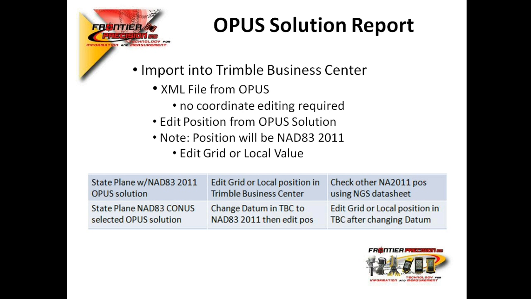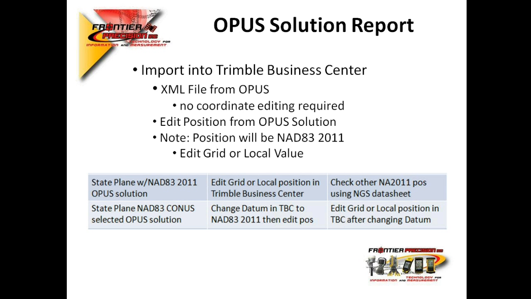However, if I'm using state plane NAD83, the standard NAD83 selection within Trimble Business Center, and I've selected to use Opus, and I want to update my project, you have one of two choices. You either change the datum in TBC to NAD83 2011, then edit your local value, or grid value for that matter, or you leave it at CONUS and expect to get some slight errors, because there will be some slight errors relative to that position and the NAD83 CONUS datum.